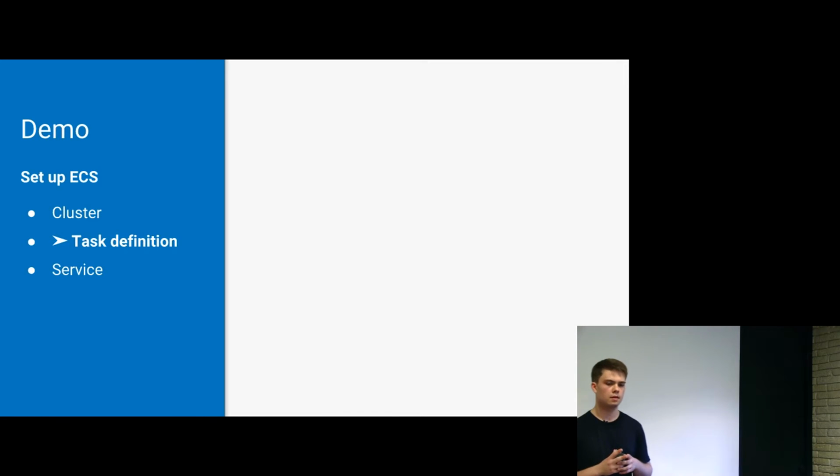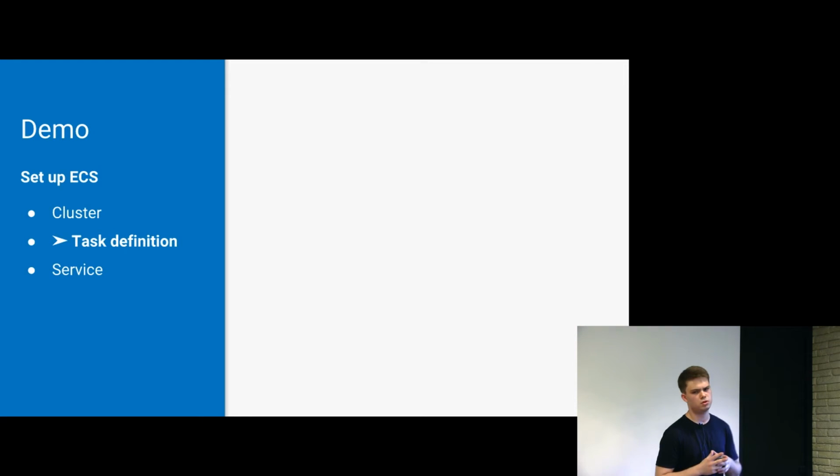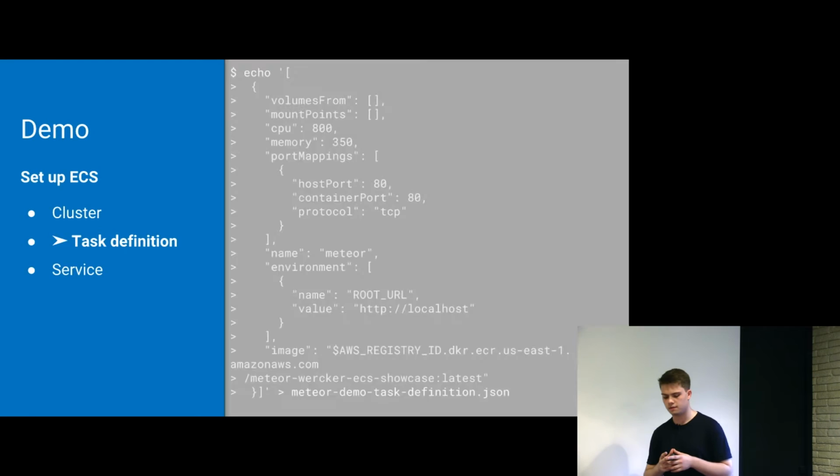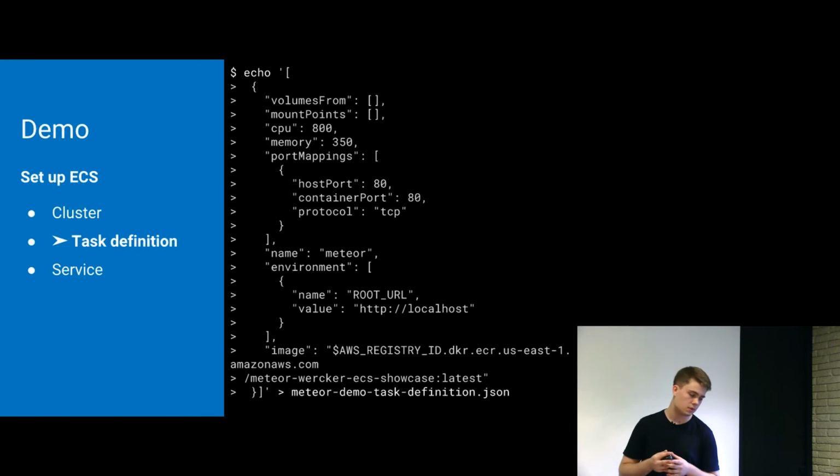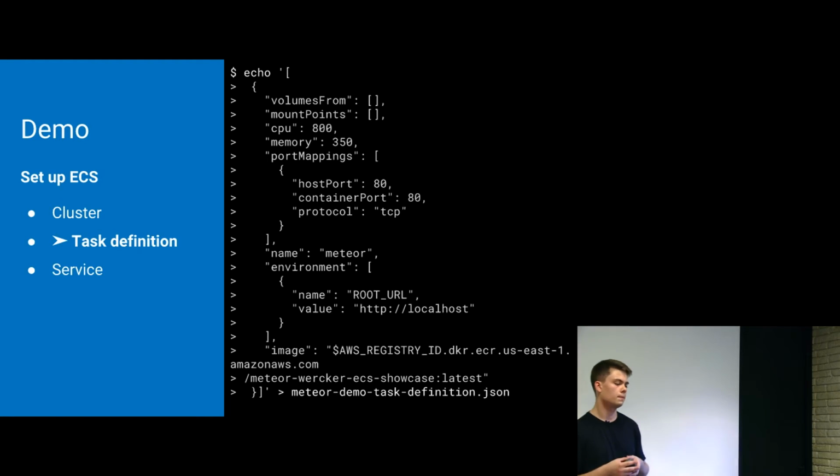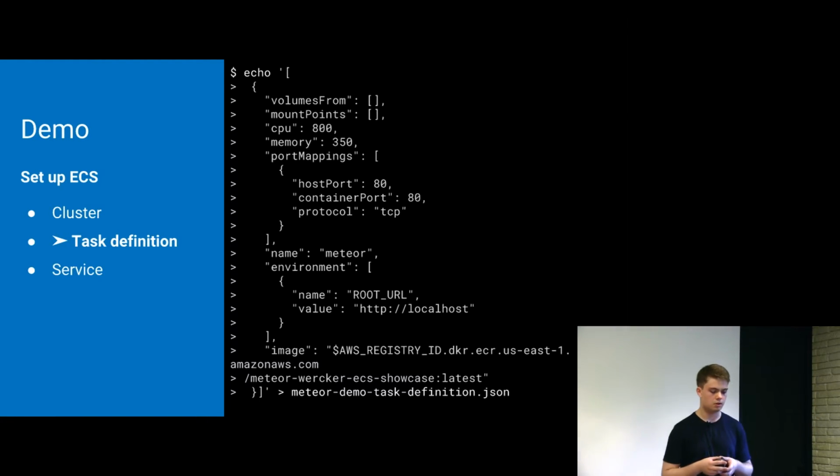Then you have to define task definitions. It's also a terminology used by AWS. I'm not going to dive into this, but basically it's just a JSON file, which is common. It looks similar among the other hosting providers. Maybe if you are familiar with others, you can find similar things.